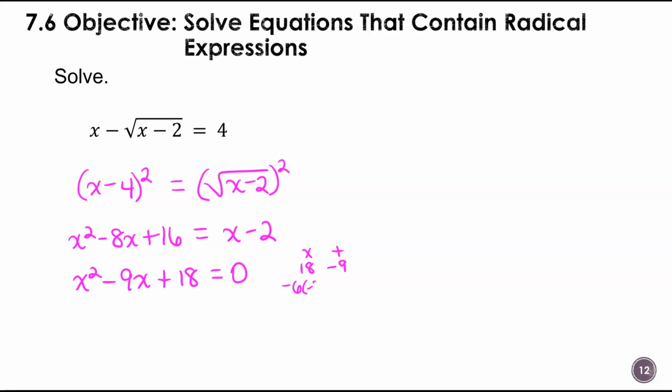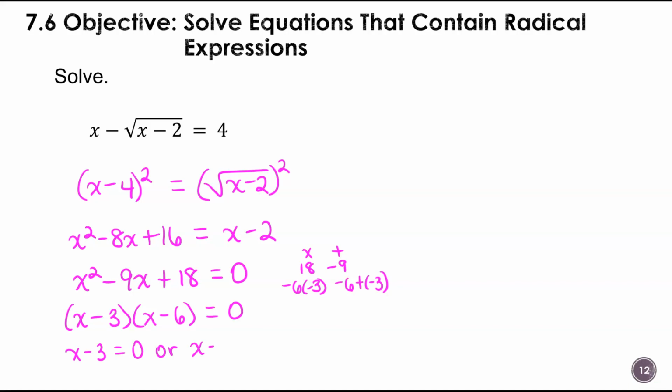So negative 6 times negative 3, because negative 6 plus negative 3 does equal negative 9. So this factors x minus 3 times x minus 6. Set both of these equal to 0. So our possible solutions are 3 and 6.